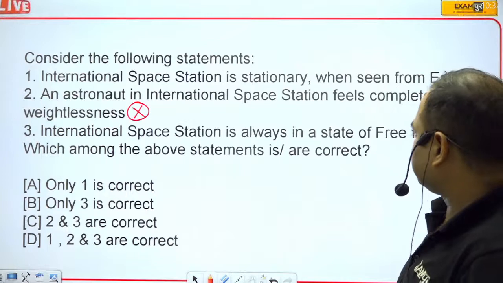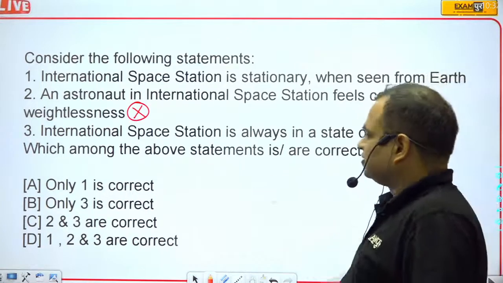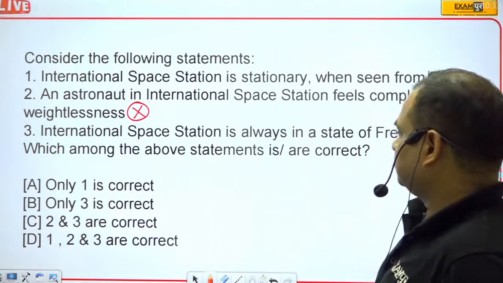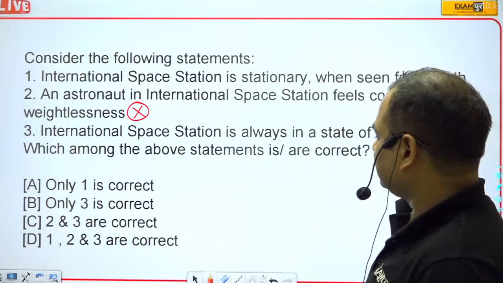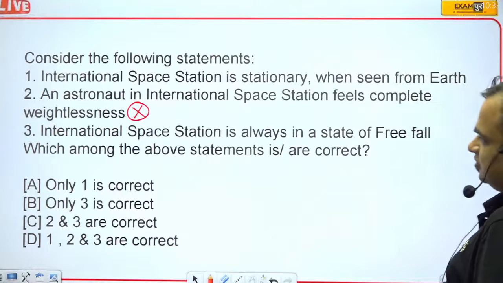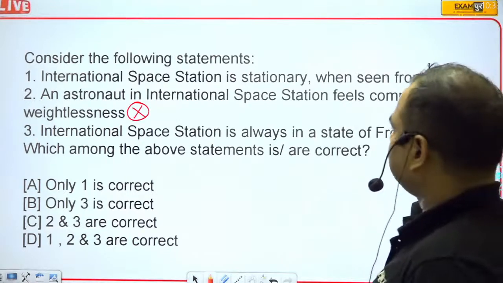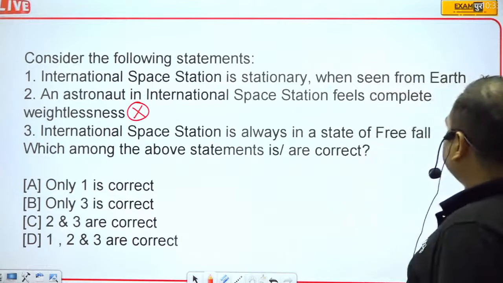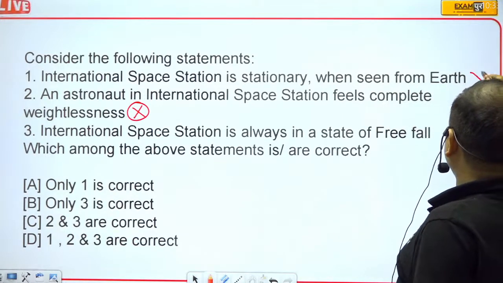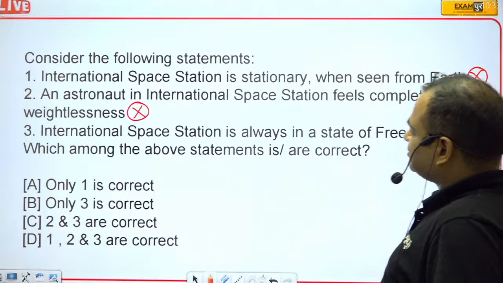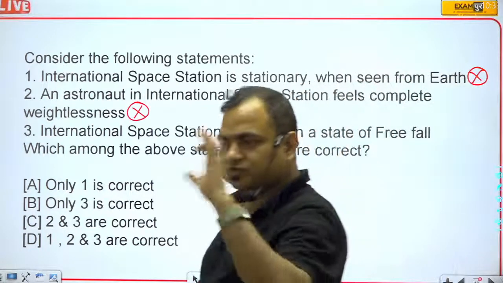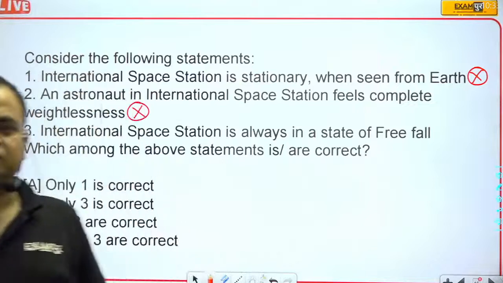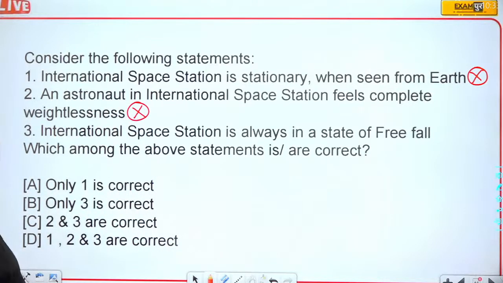Which among the above statements is or are correct? Only one, only three, 2 and 3, or 1 and 2 and 3. Option 1 is not correct, because the International Space Station keeps on moving with speed around the earth.